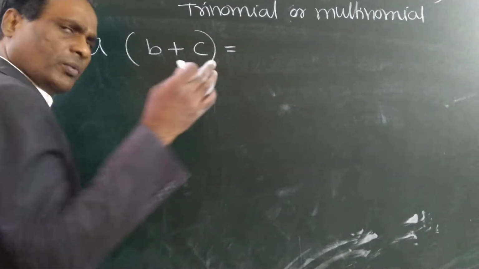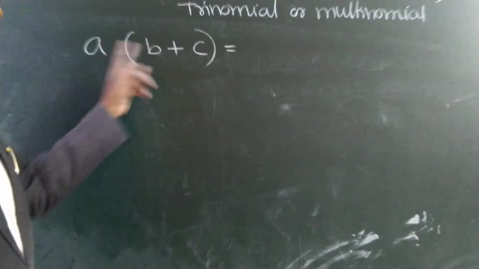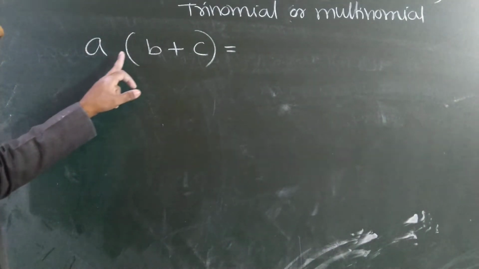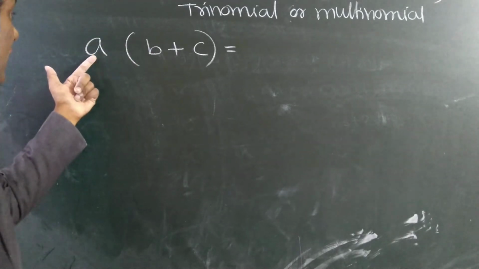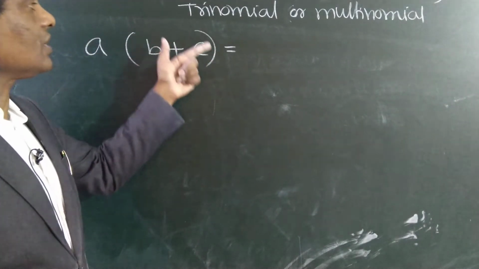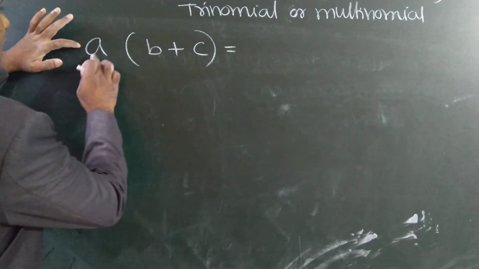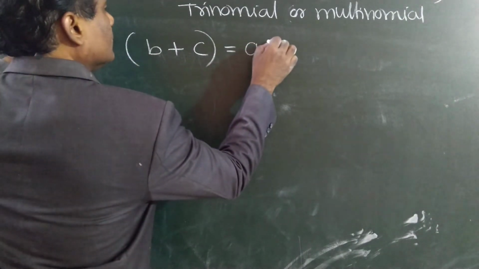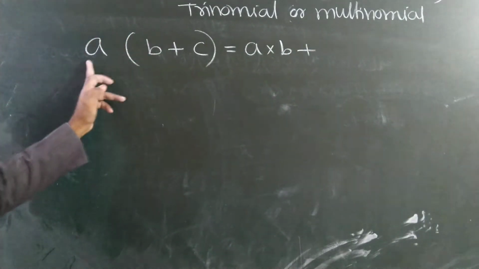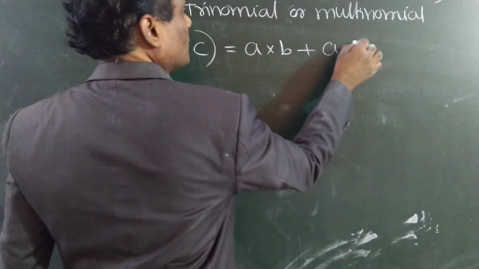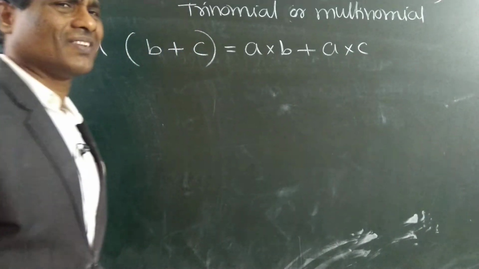See, we have distributive property. Whenever any factor is outside the bracket, we have to multiply it with all the terms inside the bracket. A into B plus A into C. This is not a new concept actually.